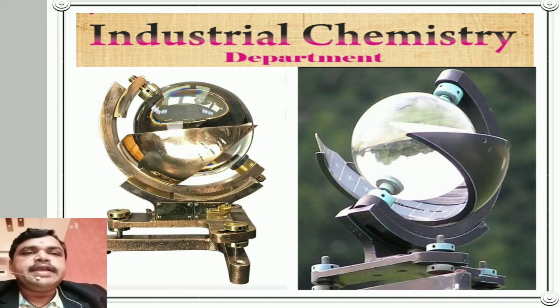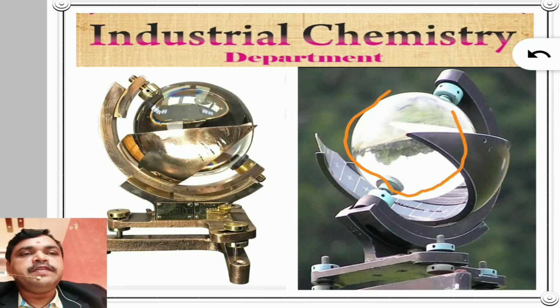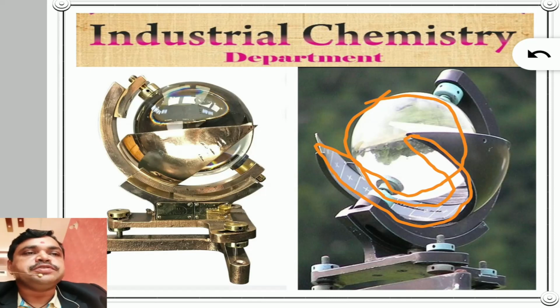This is the actual photo of sunshine recorder. In the photo we clearly show the spherical lens. This is the glass sphere which reflects the sun's rays, and below we show a vertical bowl where a paper card is mounted, which indicates the solar radiation.